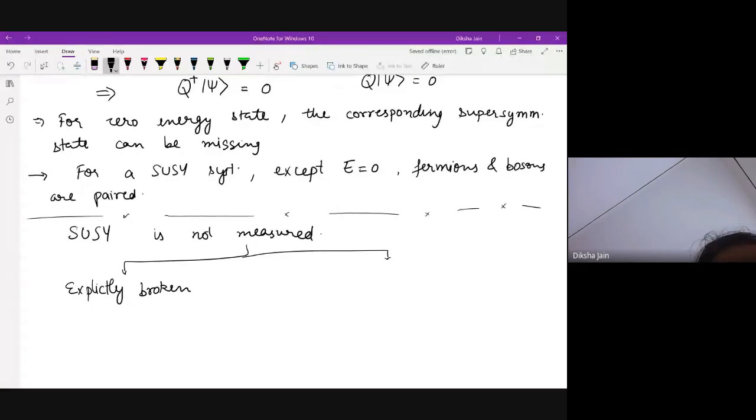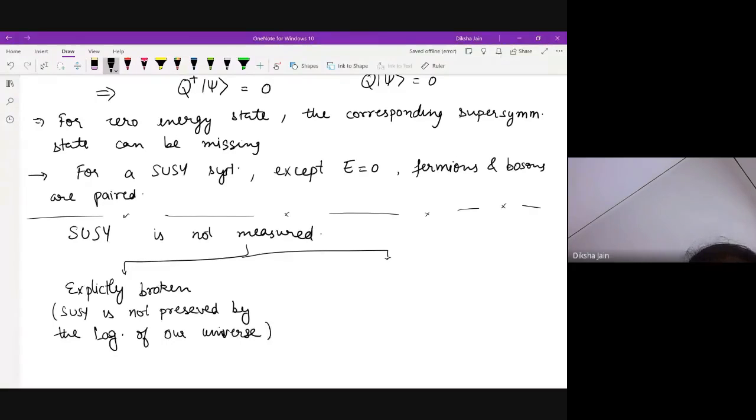What explicitly broken means is that SUSY is not preserved by the Lagrangian or the Hamiltonian of the world we live in, of our universe. So this can be one possibility, that SUSY is explicitly broken.